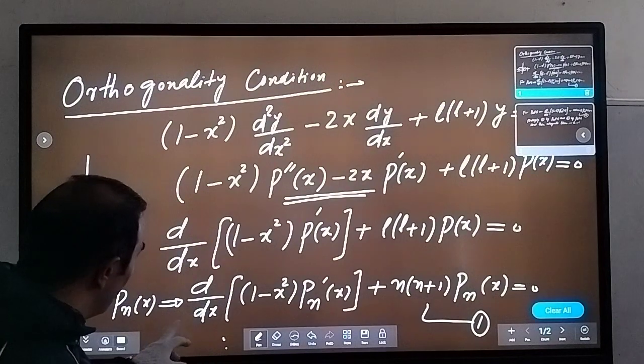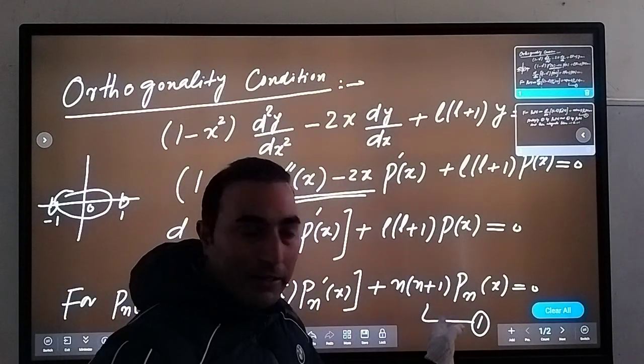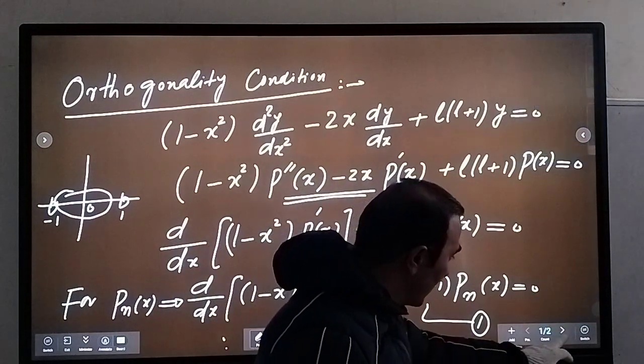So I need to integrate this, so first we multiply this equation. If you check this equation, here we have 1 minus x square. I need to multiply here Pm of x and then integrate, right? Similarly for the second equation also, right?